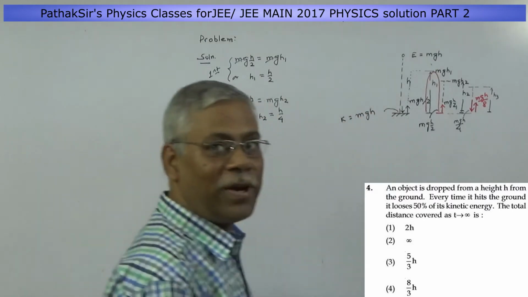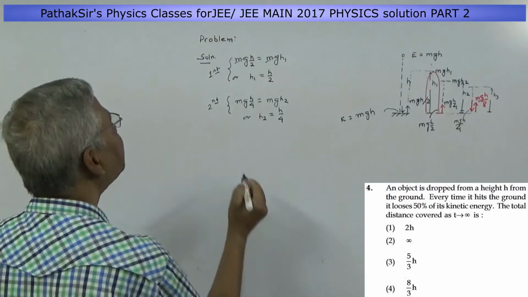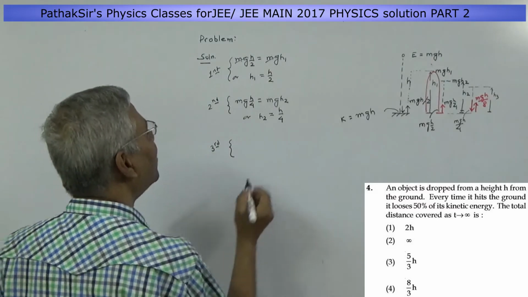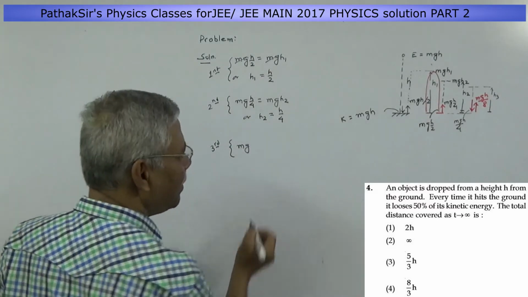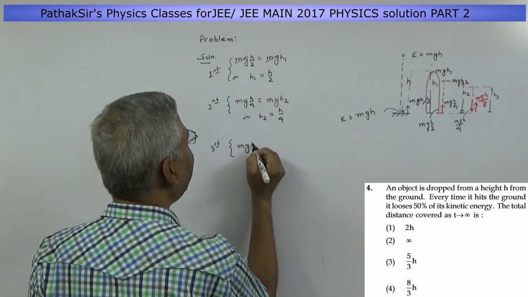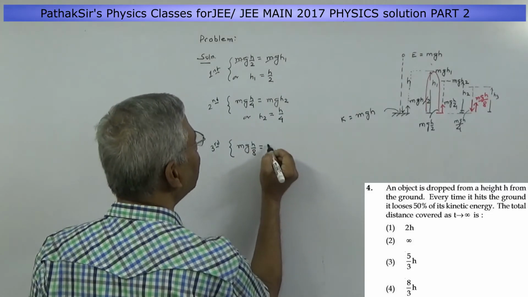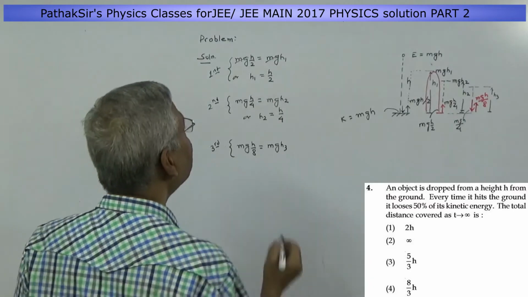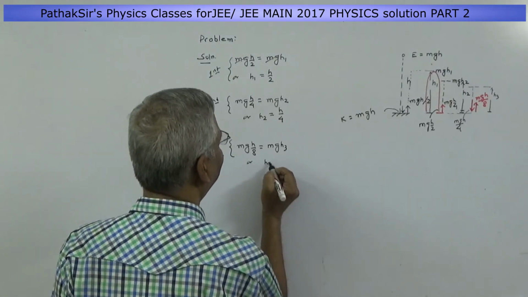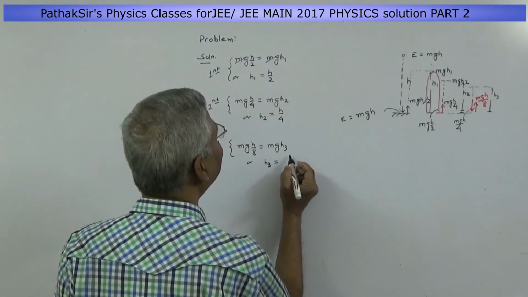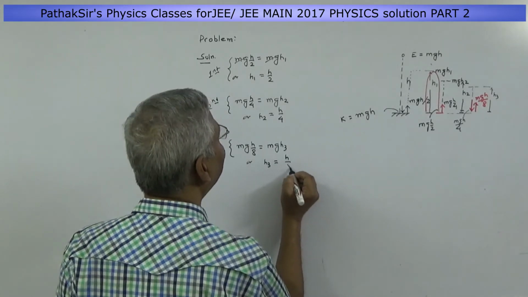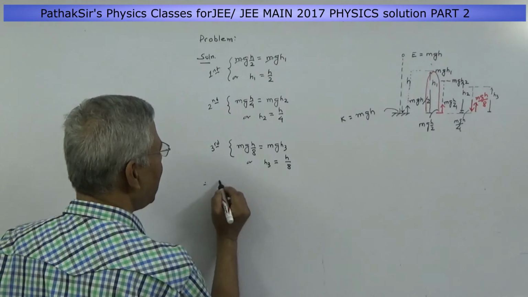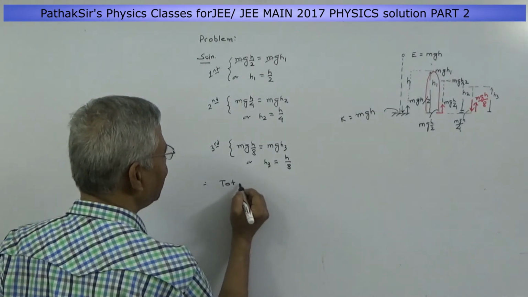We can easily calculate h3. For the third collision, mgh by 8 equal to mgh3, or h3 equal to h by 8.